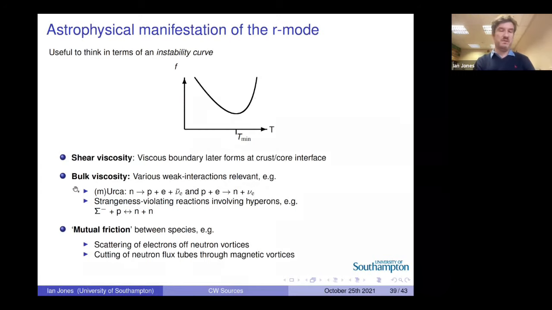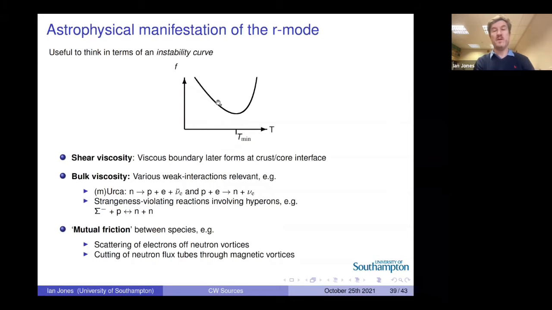And there are various microphysical reactions that could be important involving neutrons, protons, electrons, neutrinos, and possibly even strange things like the sigma minus hyperon. So basically, there's a lot of interesting microphysics on the nuclear side that goes into computing all of these dissipation mechanisms.